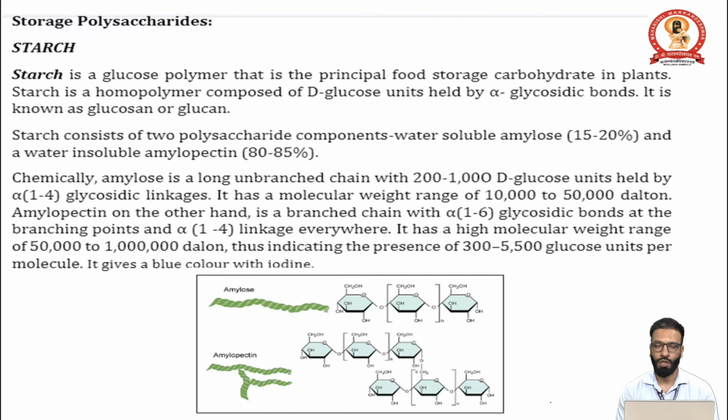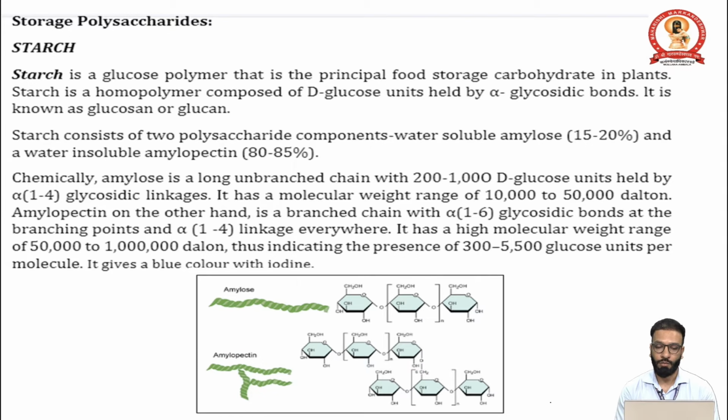And if we have branching, as in amylopectin, it has different linkages, alpha 1,4 or alpha 1,6. This number comes from, for example, two glucose units. Carbon number 1, next to the oxygen, also known as the anomeric carbon, forms a glycosidic bond with carbon number 4 of the second glucose unit. That's why we call it 1,4.